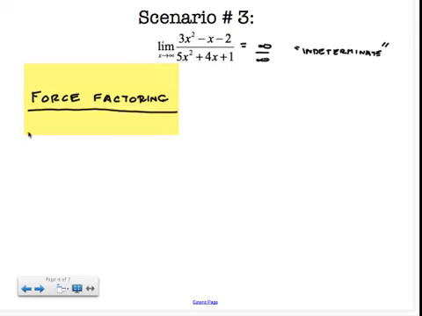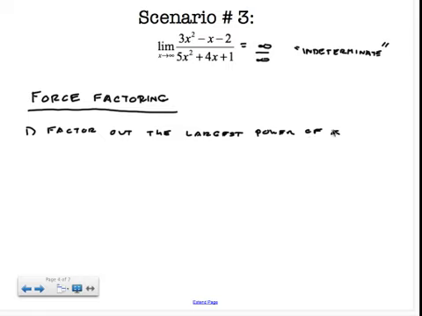Here's how it works. You will factor out the largest power of x in the denominator from both the numerator and the denominator.